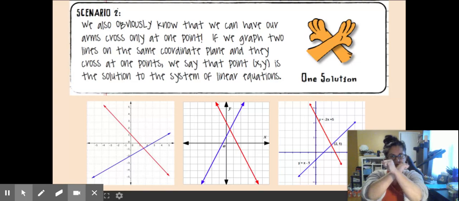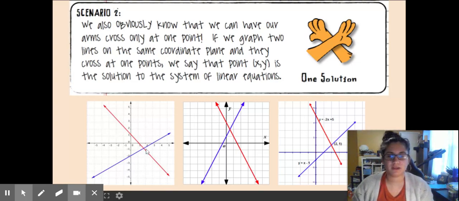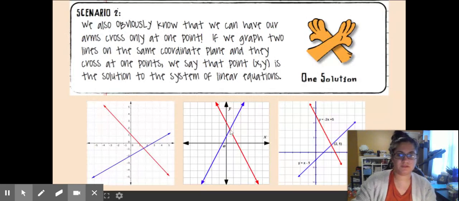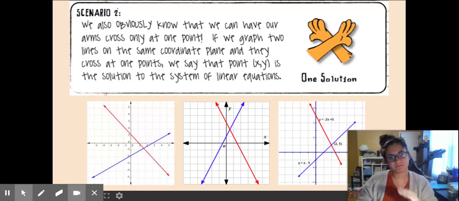That point where those two lines cross is your solution. It has one solution, one point where they cross in your system.